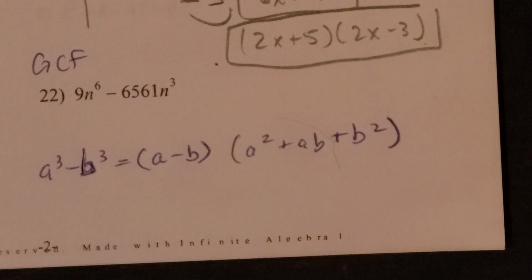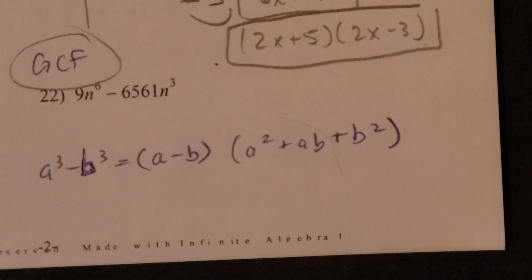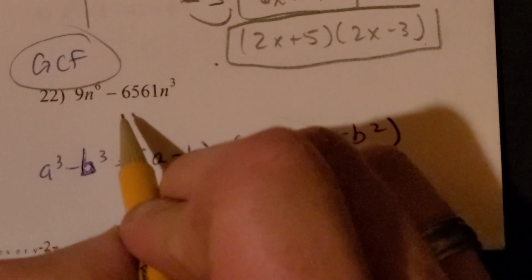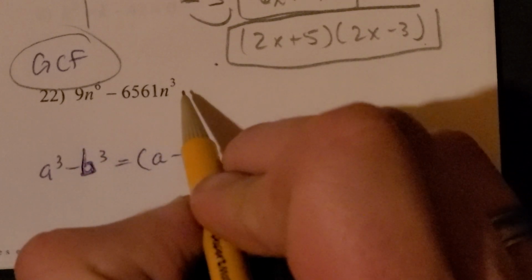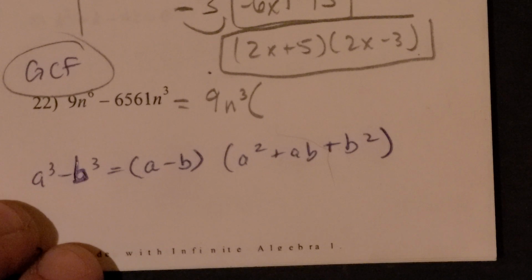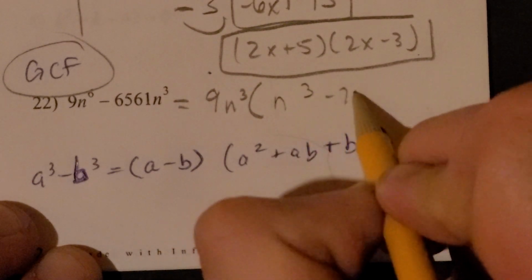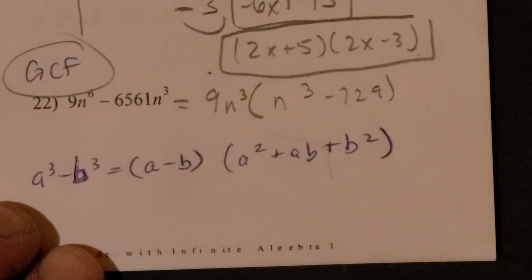But what you did have to realize, and I gave you this hint first, is to look for a GCF first. So in this, you actually should have pulled out, what is it, 9n cubed. That's your GCF. If you pull that out, you're left with n cubed minus 729.